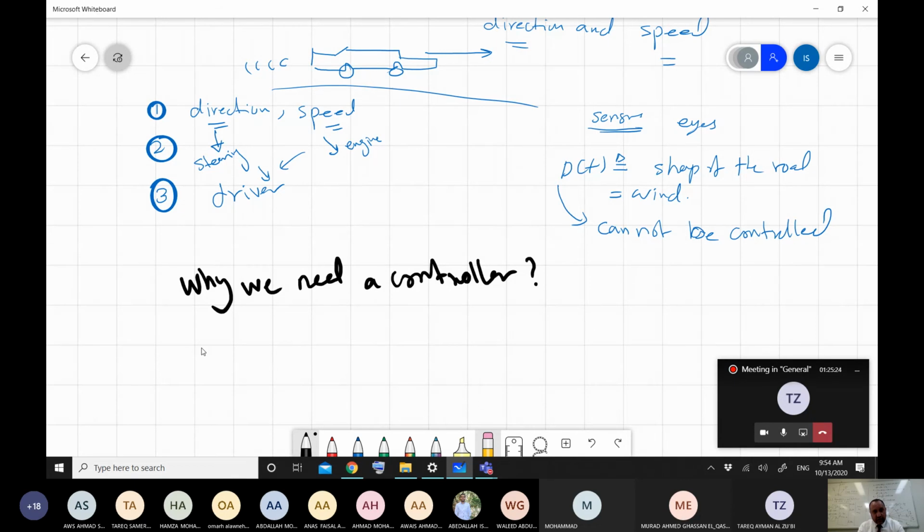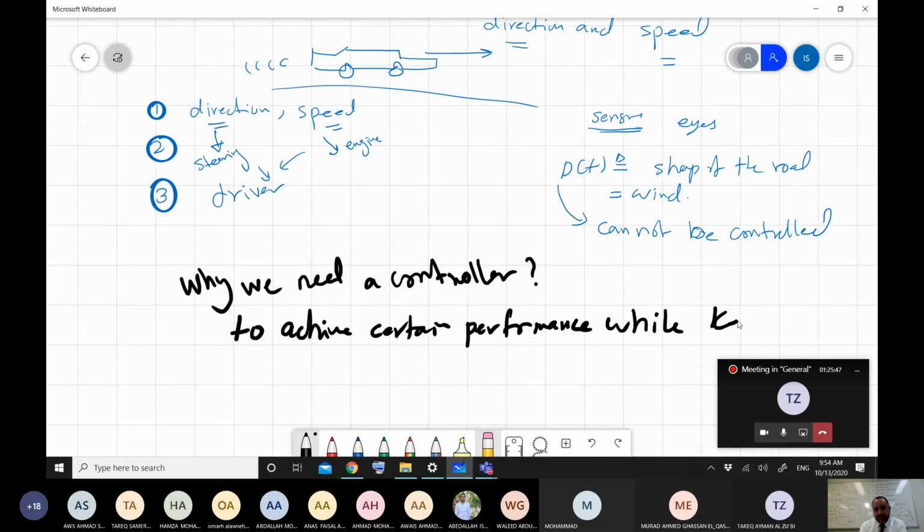So simply here, we need a controller to achieve certain performance while keeping everything safe and stable. Good.